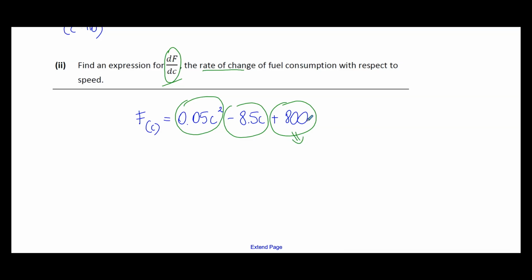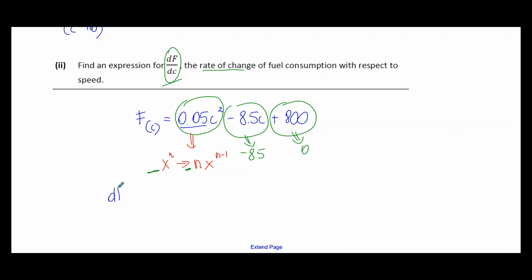When there is no x beside the number, no variable, that goes to 0. When we have x, or in this case c, with the power of 1 or no power, the number that stands beside it is the derivative. Only here we're going to be applying our very first formula from the table, when we take that power in front and then the power minus 1. What happens with the number that stands in front? Any coefficient crosses over, isn't it?